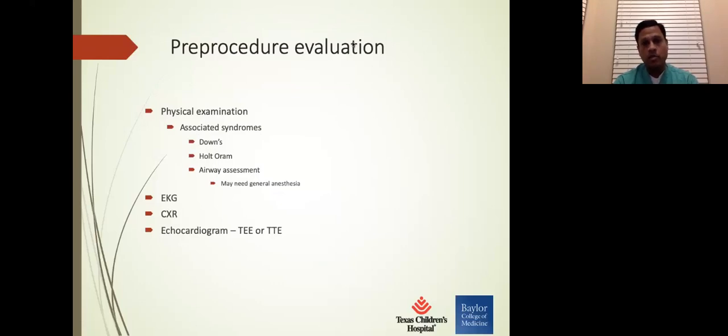In those patients, general anesthesia might not be required. And EKG and chest X-ray should be done prior to any surgical or catheterization procedure. And as we talked about echocardiogram, you have to have a TEE or the capability of doing transthoracic echocardiogram yourself during the procedure.